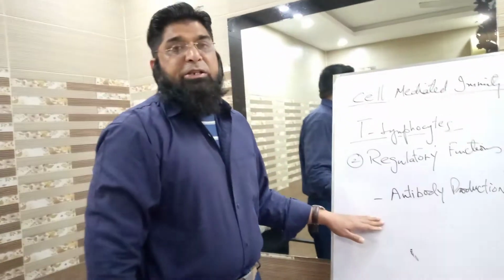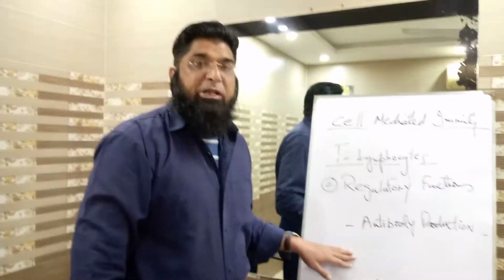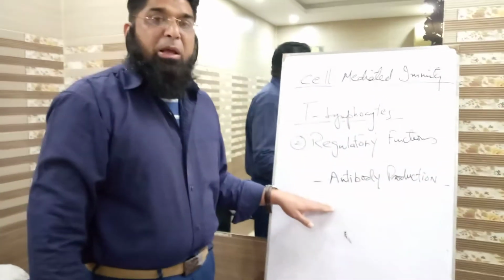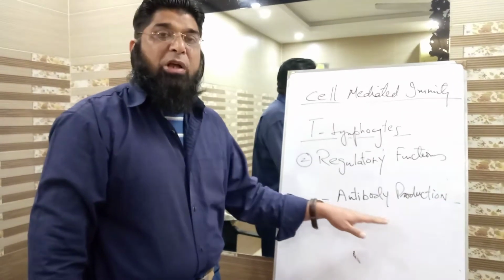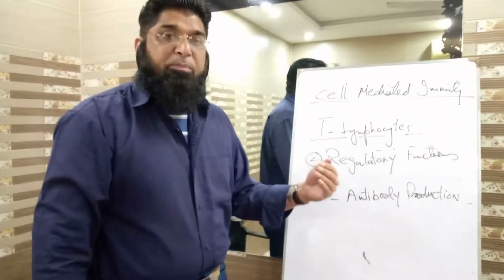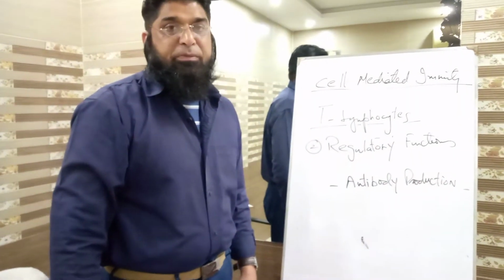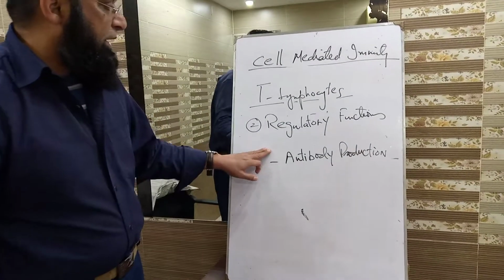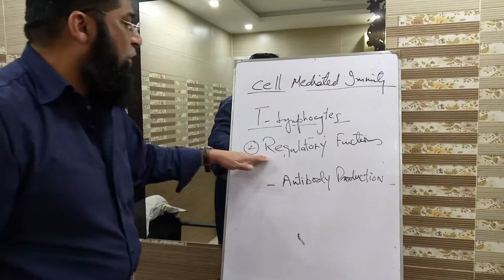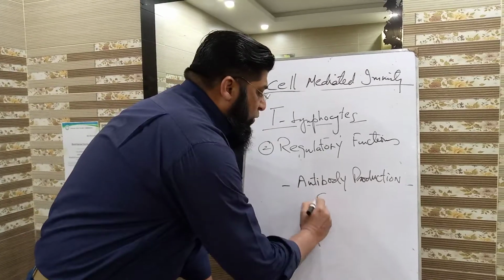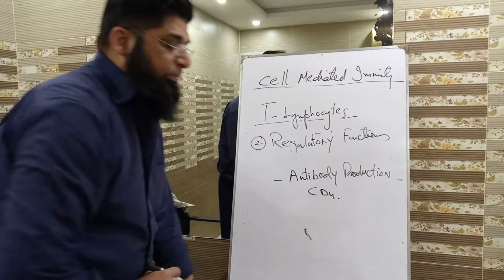Students, CD4 helper T cells activate B cells to transform into plasma cells, which then produce antibodies. Antibody production is the main regulatory function of T lymphocytes, carried out through CD4 cells.